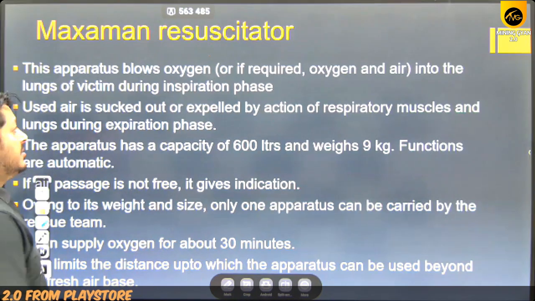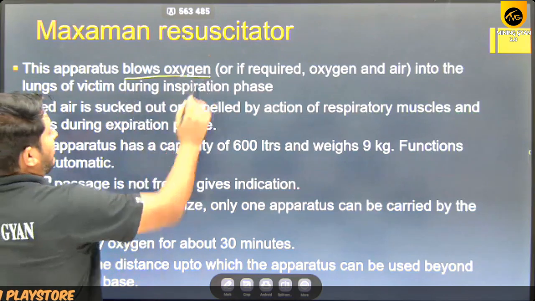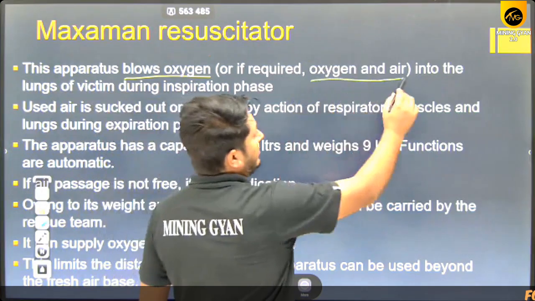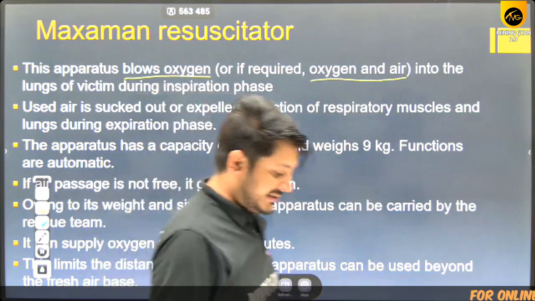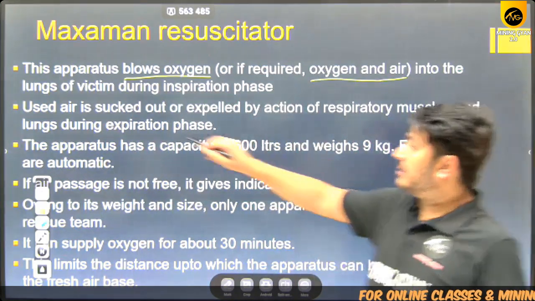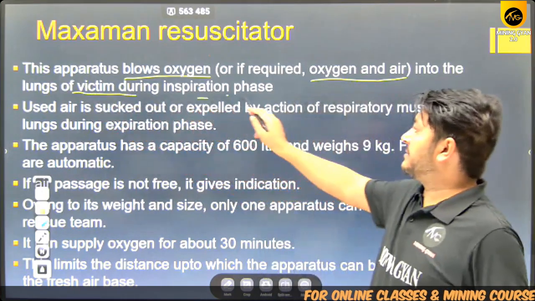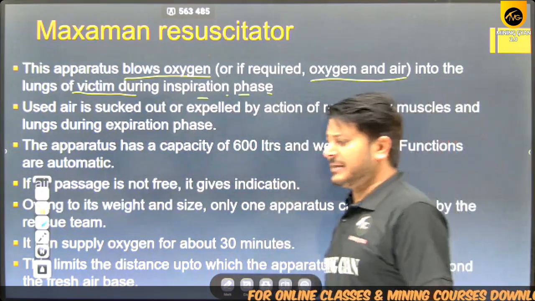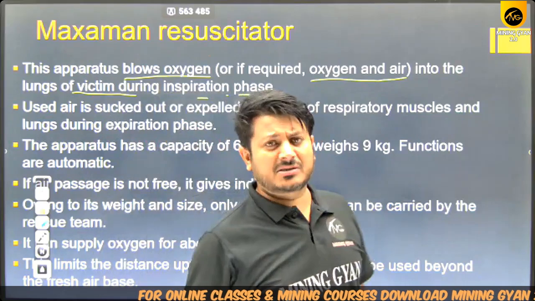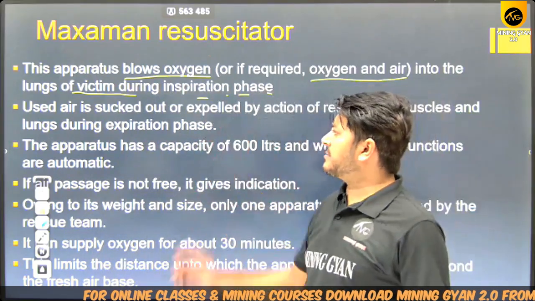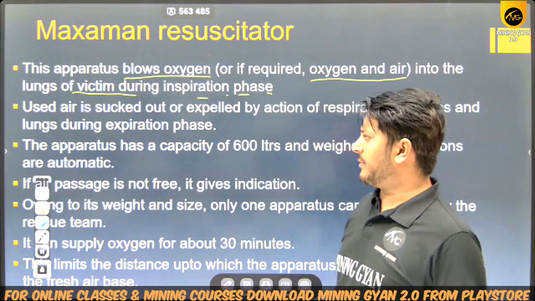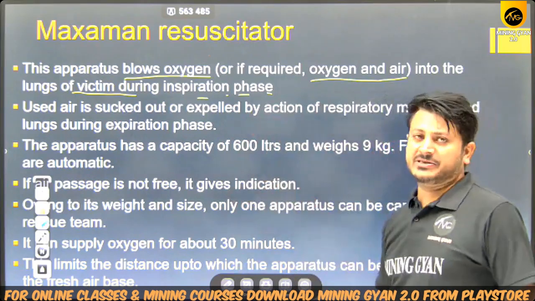Basically, it is used to blow oxygen. The apparatus blows oxygen, or if required, oxygen and air both, into the lungs of the victim during the inspiration phase. So basically this instrument is used to inject oxygen into the lungs of the victim when he is in the inspiration phase.